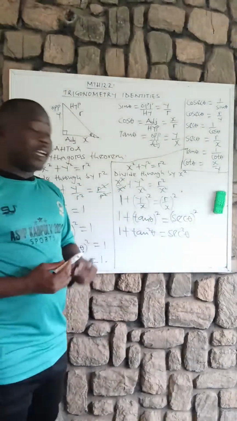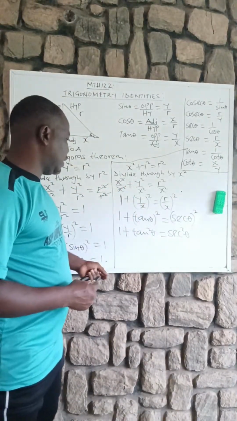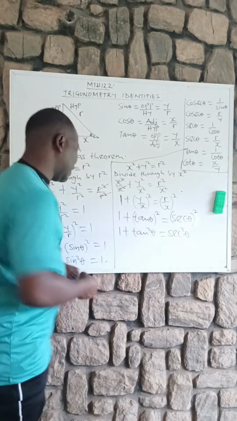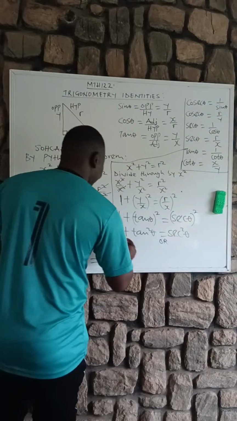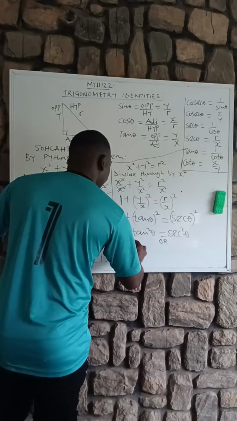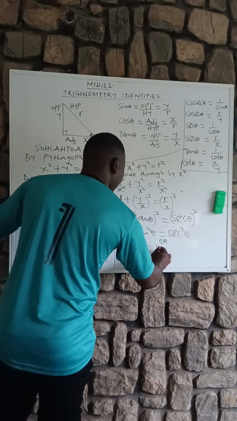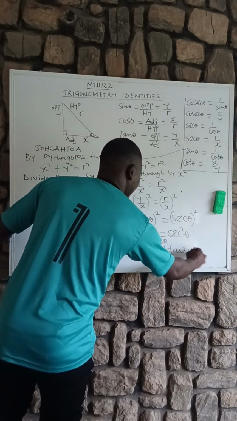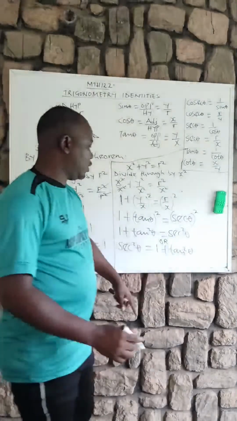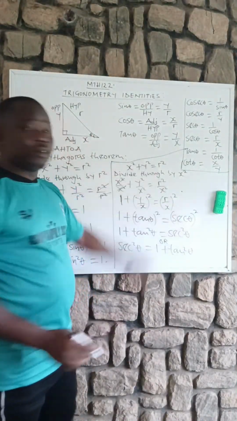So whenever you are asked to prove that, sometimes you will see it in this form or you see it in this form, sec squared theta equals 1 plus tan squared theta. Prove that this is equal to this or this is equal to this. This is what you should do.